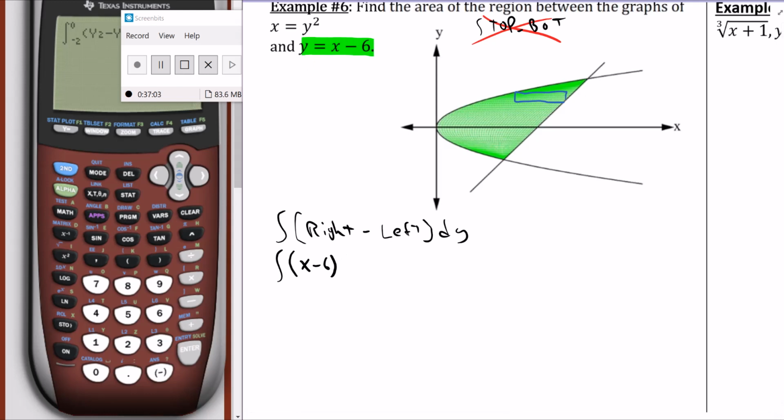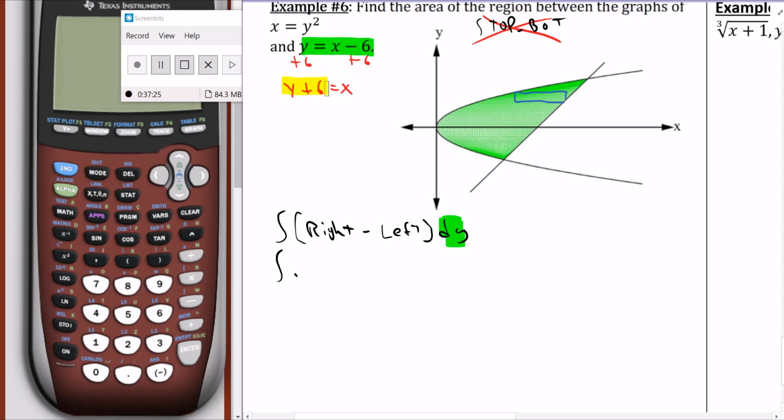But don't write that because we're going in the y direction, we need to be using y's as our equation. What that means is we actually have to solve this equation. So it says x equals something about y. So we're going to add this 6 to both sides. And it's going to say x equals y plus 6.